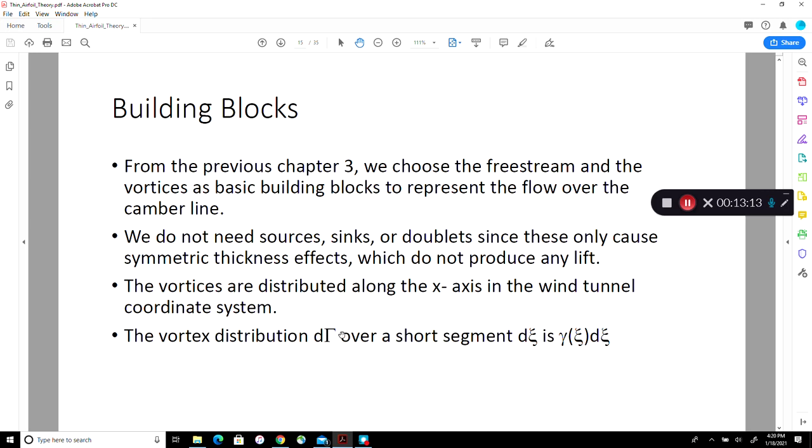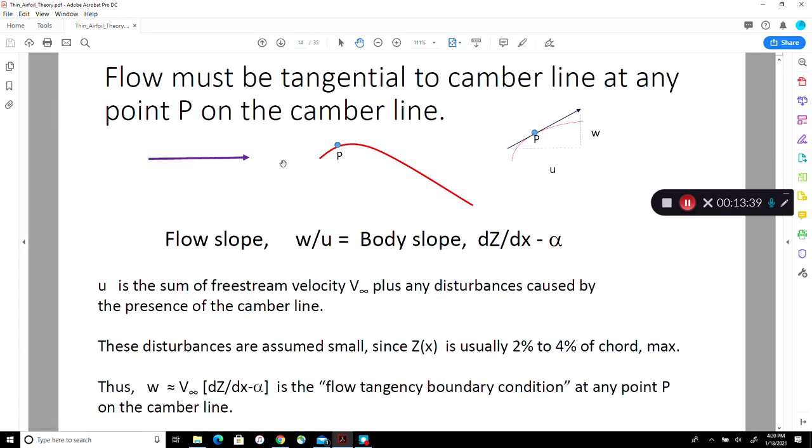So the vortex distribution d gamma over this short segment is some velocity-like magnitude times the length. Why did I split it this way? Because circulation is v dot ds, velocity dot product with length. So it's got units of velocity times distance. So if this has got units of distance, this has got units of velocity. So we distribute it all over the camber line.